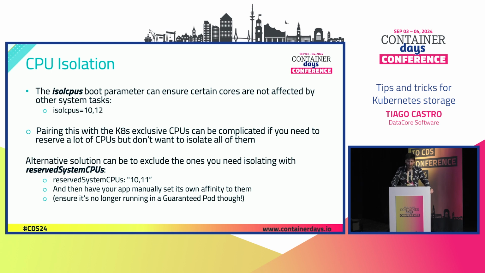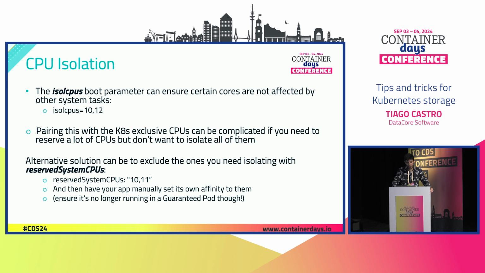CPU isolation helps prevent certain cores from being used by system threads. For example, you can set isolation on cores 10 and 12. Pairing this with Kubernetes exclusive CPUs, however, can be quite complicated if you need to reserve a lot of CPUs but don't want to isolate them all, because maybe you just want to isolate two of them for a particular use case.